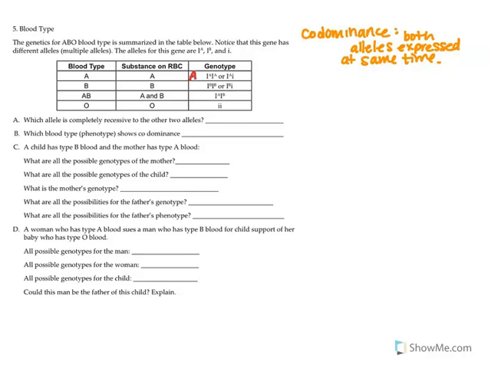You might also see it as just uppercase A. That's an AA blood type, having two dominant A alleles, or this individual might be AO, having that O allele. That O allele is going to be recessive, masked by the dominant A and B alleles for blood type.